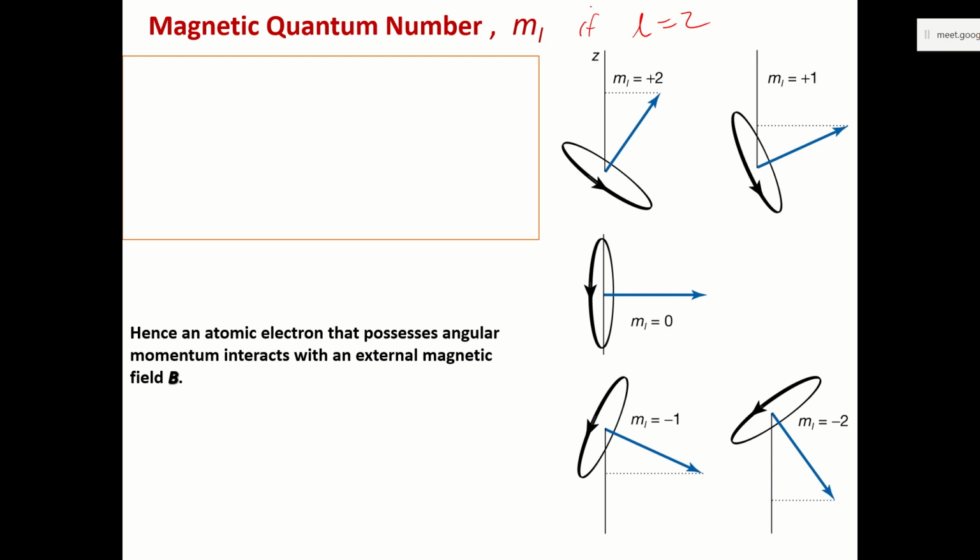If you are trying to draw a vector, the length is shown by an arrow, and how big the arrow is, that is its magnitude. So you see, the length of the arrow is the same in all these cases. So the magnitude of the angular momentum vector in these five pictures is the same. But the orientation is different, and it cannot have any random orientation.